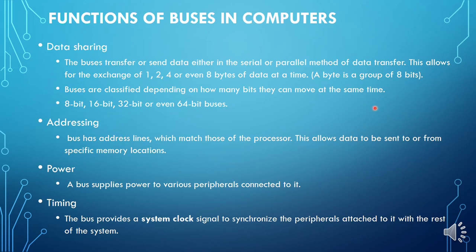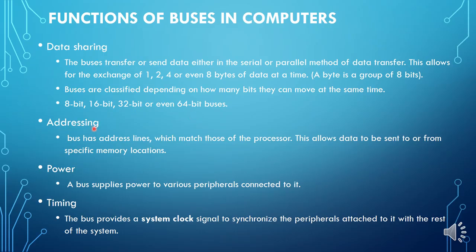A byte is a group of 8 bits. That means your bus can be 8 bit, 16 bit, 32 bit or even 64 bit. An 8 bit bus means it is carrying 8 bits of data, a 16 bit bus means it is carrying 16 bits of data, likewise 32 bit and 64 bit.